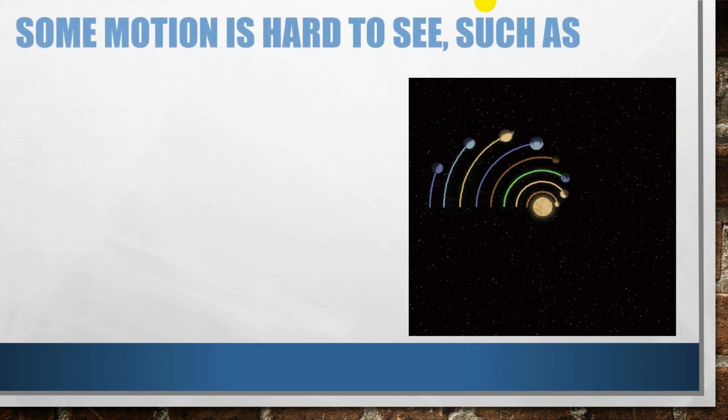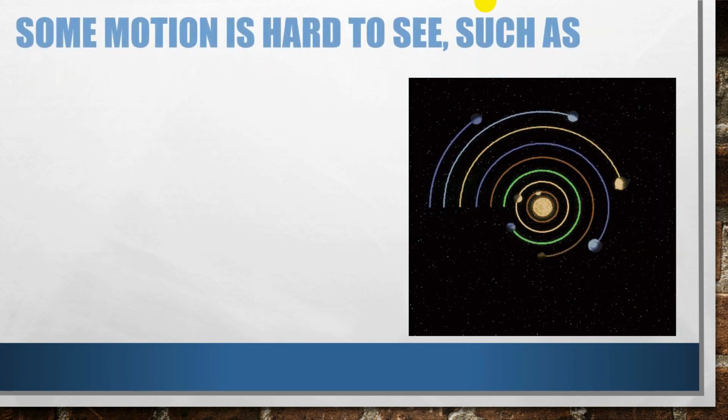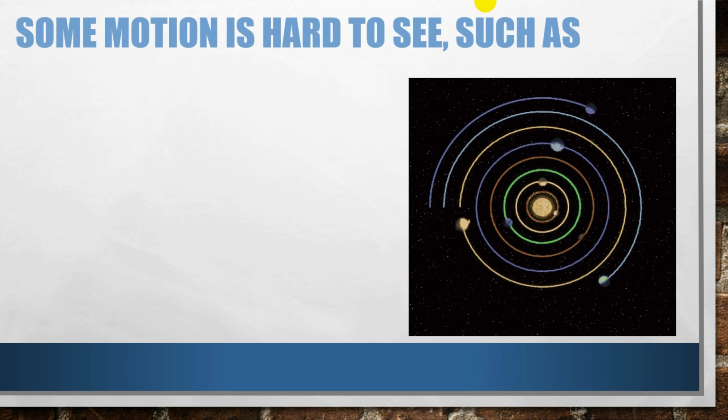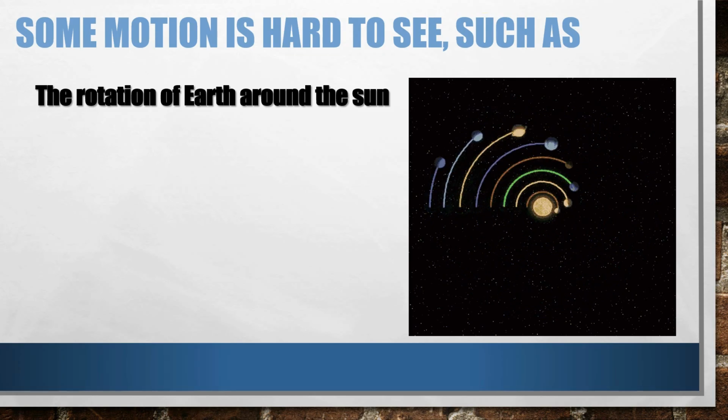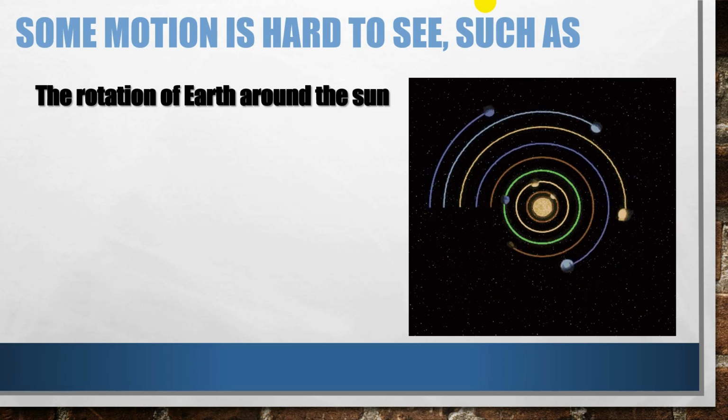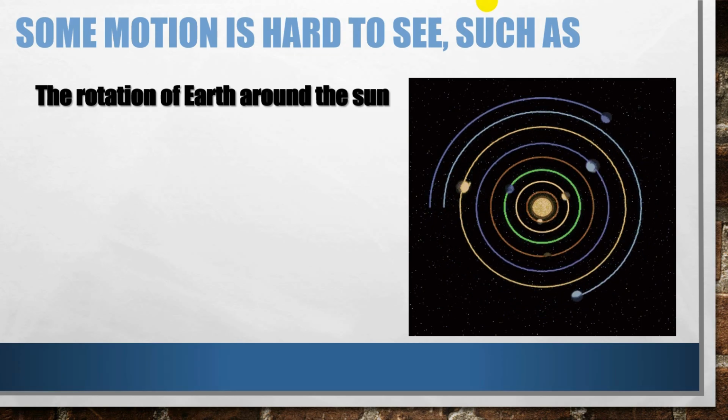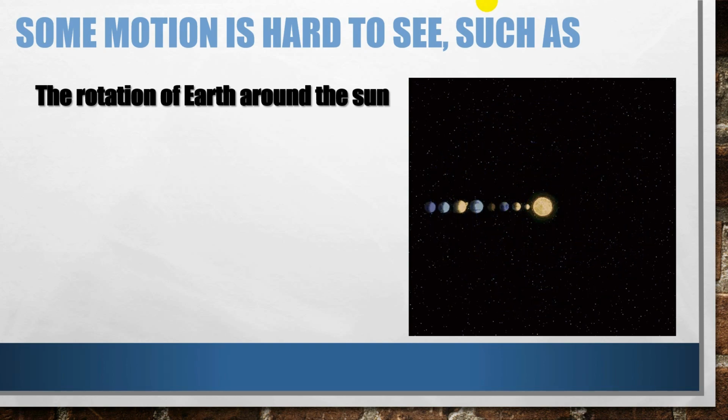Some motions are hard to see, such as what? Like what we can see here. We can never see the planet revolving around the sun. The rotation of Earth around the sun, you cannot feel it and you cannot see it. But still we have a motion like this.